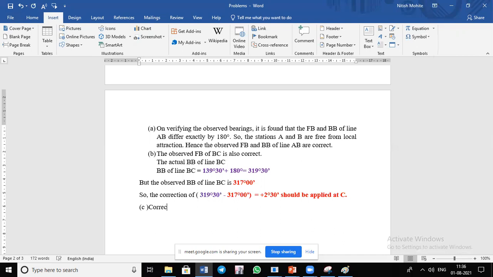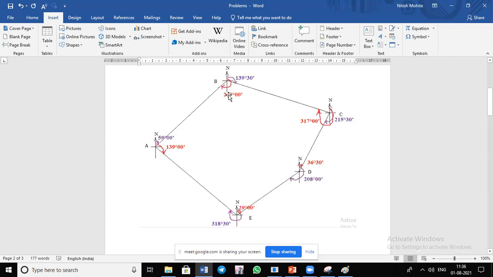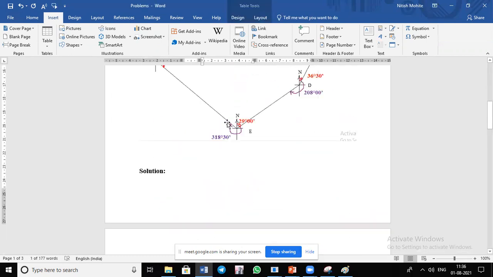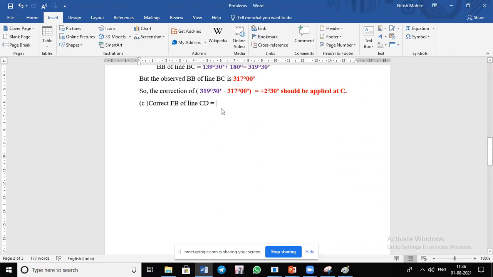So with respect to the observed bearing, what is the observed angle here? It is 215 degree 30 minutes, that was the forebearing. In that we are going to apply this correction at station C. Why? It is plus. Okay.